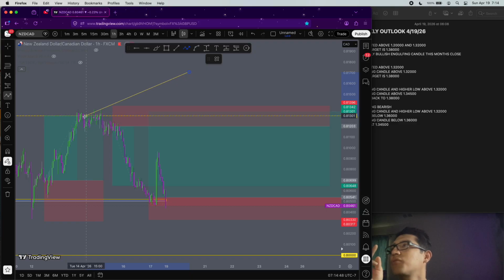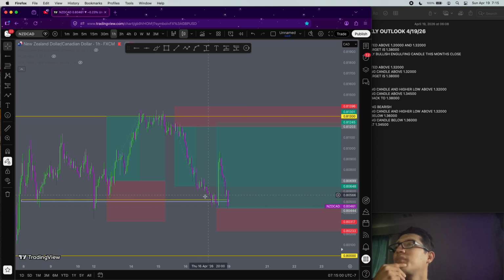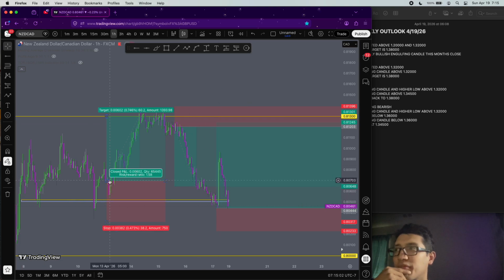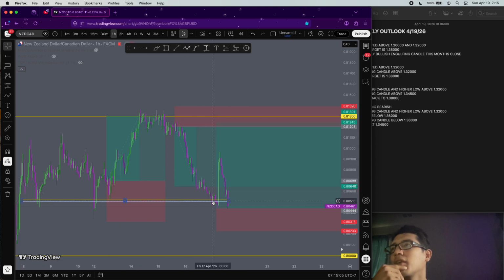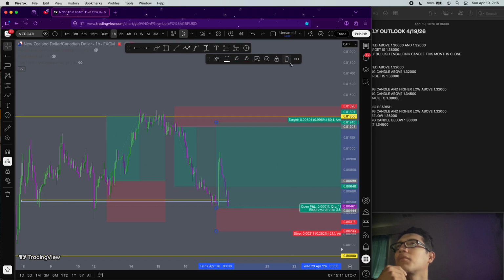So we already had structure showing us that price wanted to start selling, or at least avoiding the buys, right? So this buy should actually not have been taken. These buys were valid, these buys were not, but these sells were, and these sells would have mitigated these buyers right here.